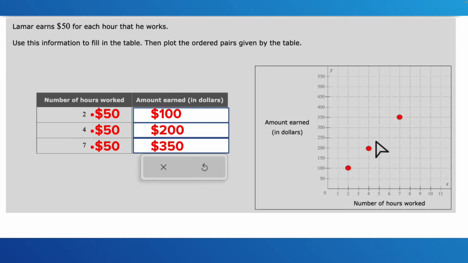We can see that line that could connect, and this would definitely go down to 0. If he's at 0 hours, he has 0 pay. So very linear pattern happening on these two problems. All right, so that was representing relationships, examining those relationships for a linear pattern, in a table and a coordinate grid. I hope that helped, and I'll see you in the next video.